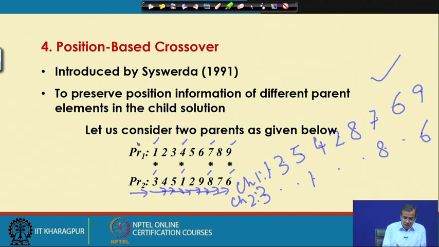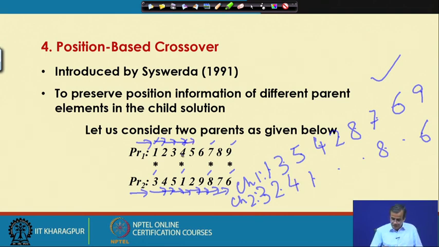Now, I concentrate on parent 1. At the first position we have got 1, which I have already taken, so I cannot retake it. Then city 2 is not there, so I can select 2. Next is 3, already there. Next is 4, which is not here, so let me take 4 here.